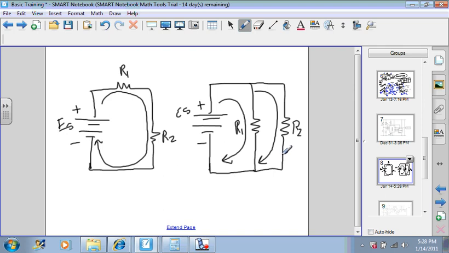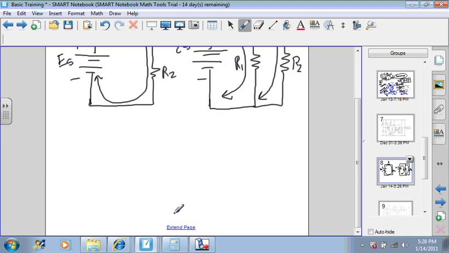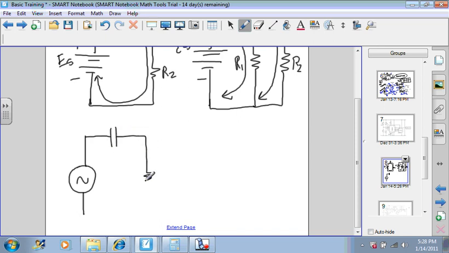Then we move further into the next level where we were asked to analyze these same circuits, but this time using a resistor and a capacitor with an AC energy source.